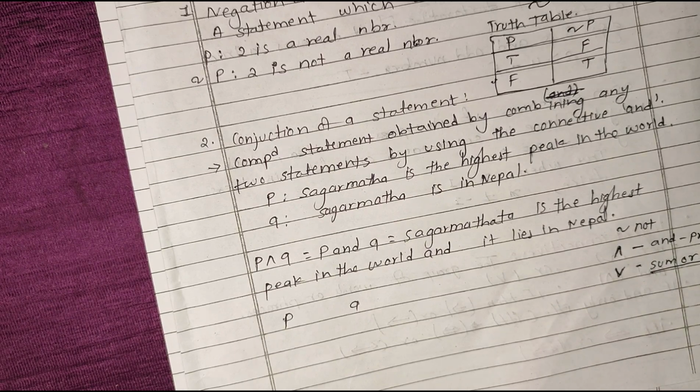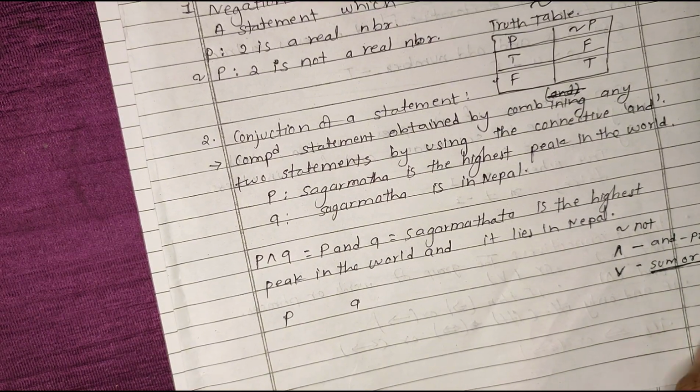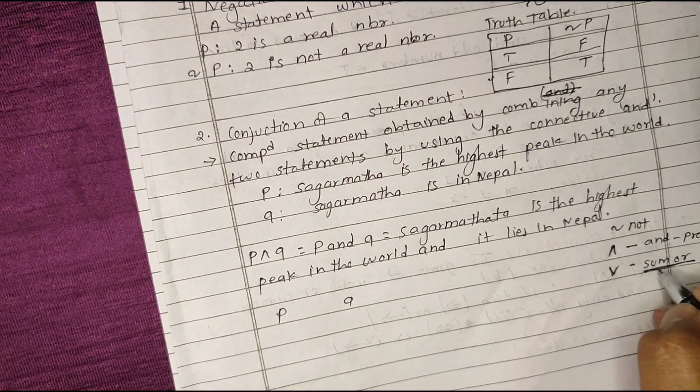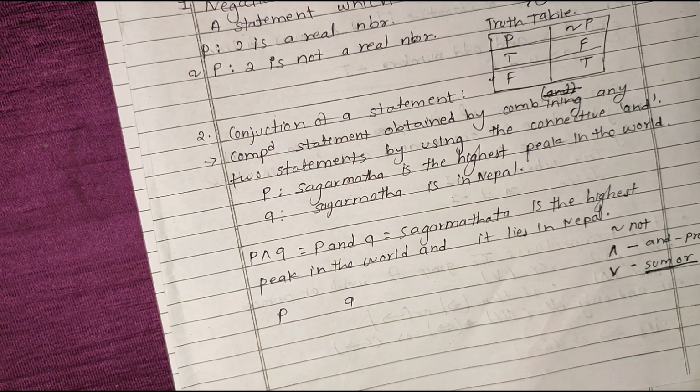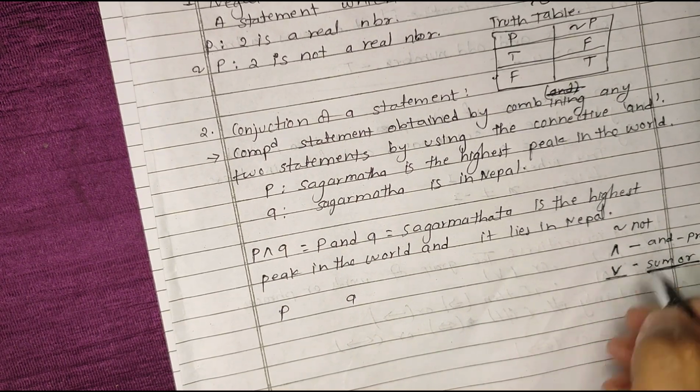Many of the guys can be confused on and or sum or product. We can use a simple trick: summer. We have the season summer, so we can abbreviate it as sum for or. Then we use this symbol for or, and for and, product.